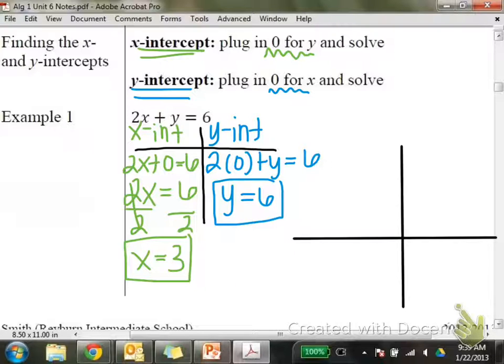So we are first going to graph the x-intercept. The x-intercept is on the x-axis, and it's positive 3. So we're going to draw 3 lines, 1, 2, 3, and plot that x-intercept right here.